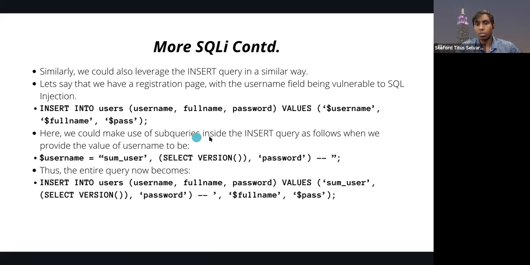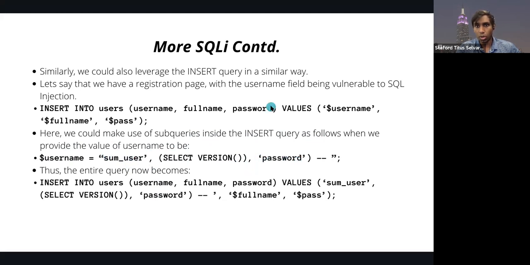Here we could make use of subqueries inside the insert query as follows when we provide the value of username. Let's say for the username value we provide some underscore user, closing the quote, and then comma select version. As I said before, this is going to provide the MySQL server version. And then comma password.